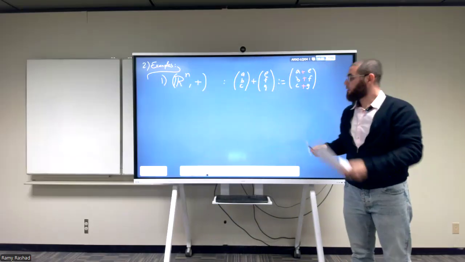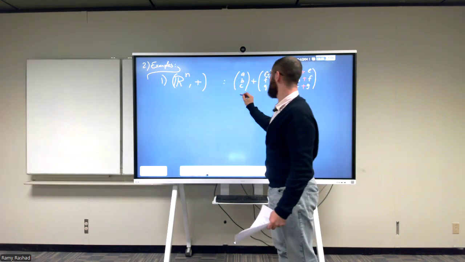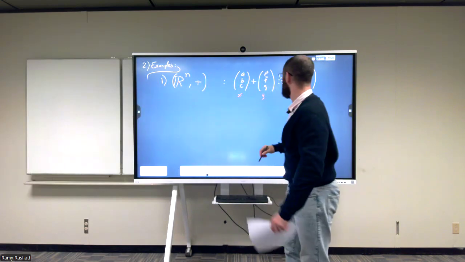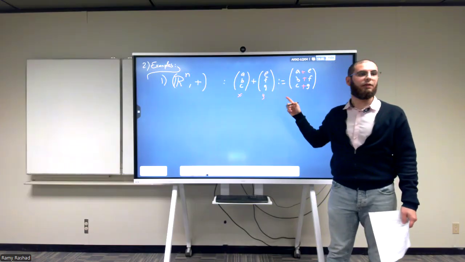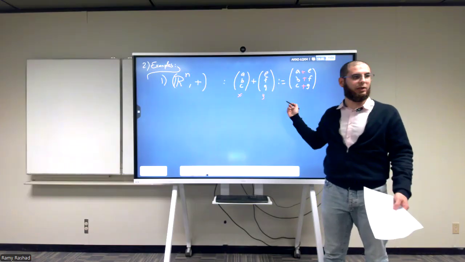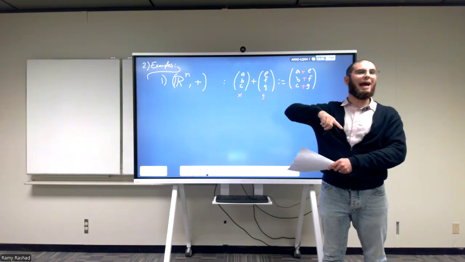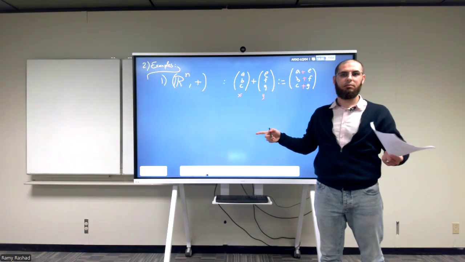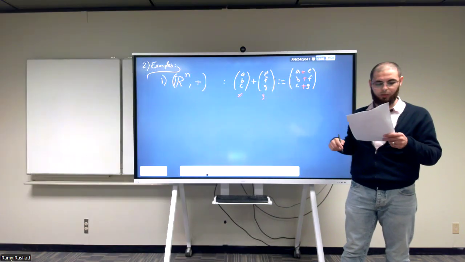Let's call this X, this Y, and this Z. If I add X and Y first and then add Z, is it equivalent to adding Y and Z and then X? Yes. So that's the associativity condition. This is the first one that we wrote.